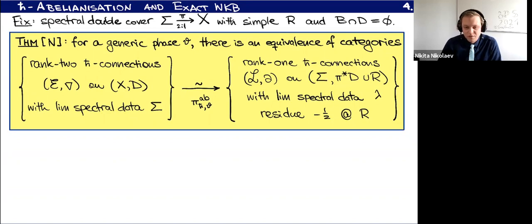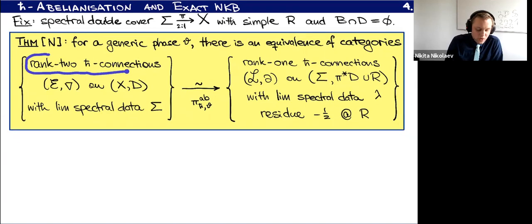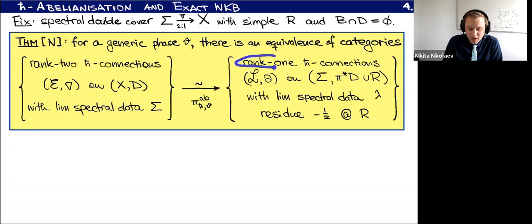then there is an equivalence of categories. And the categories are like this. On the left, I have rank 2 H-bar connections on this pair XD, with limiting spectral data being this sigma that I fixed. And on the right, I have rank 1 H-bar connections on the spectral curve sigma with poles along the pulled back divisor.